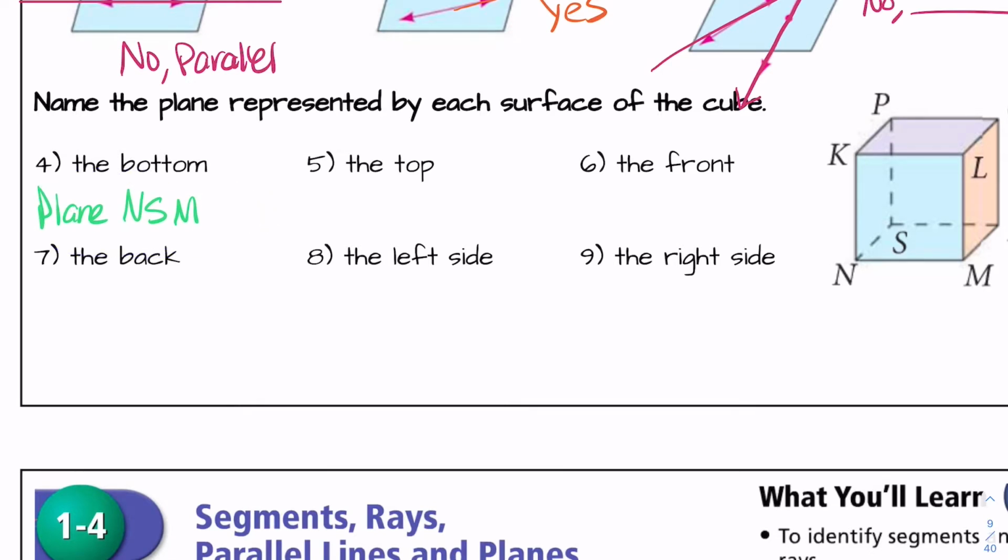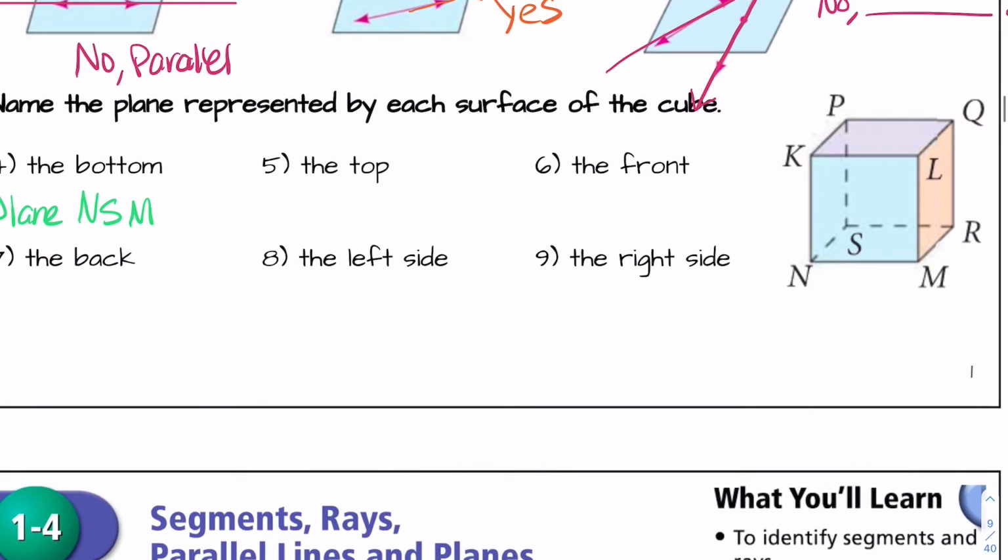We also have the top, which we can name plane PKL. Then we have the front, which we can name plane KLM.